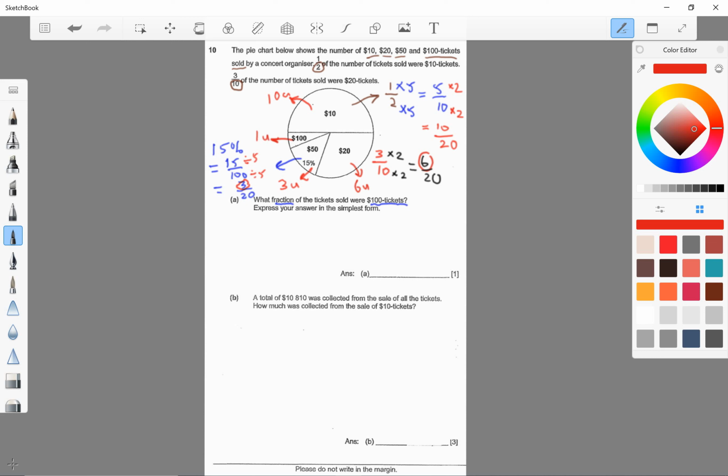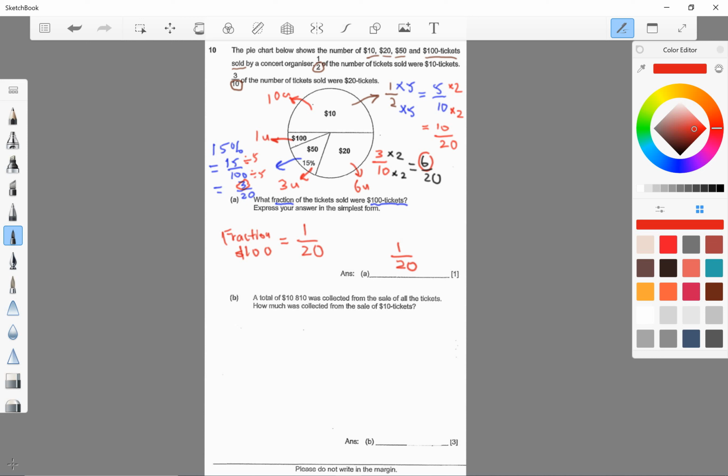The question is asking us what fraction of the tickets were $100 tickets. It will be 1 out of 20, because the total units is 20, and as you know, 1 unit of it is represented by $100.